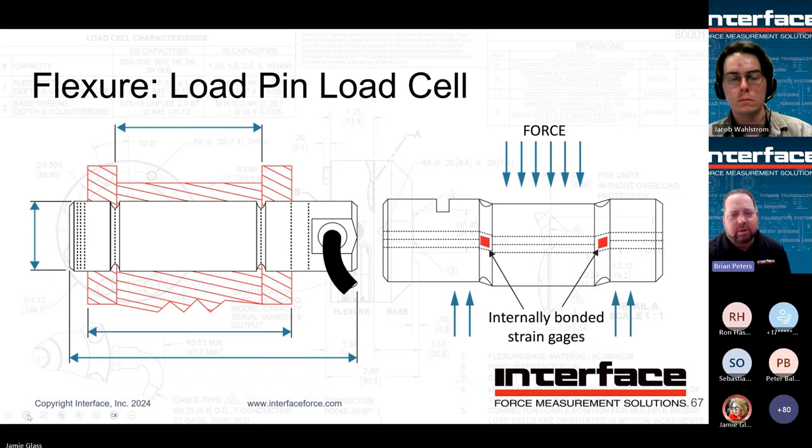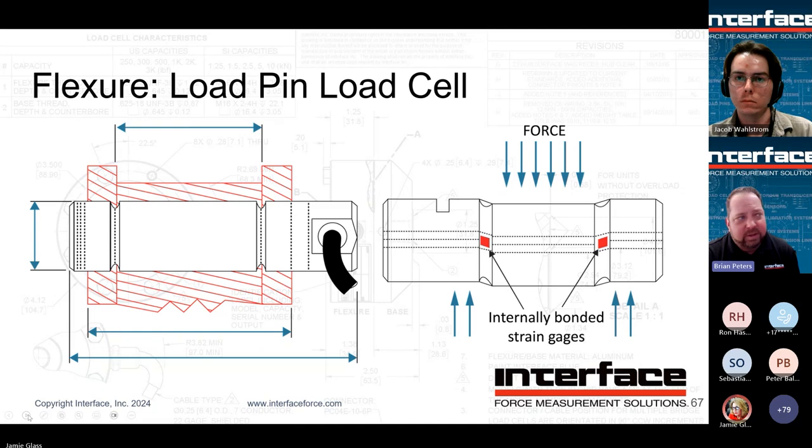All right, next. So load pins. Load pins are typically hollow pins, so center of the flexure will be drilled out. The flexure design is going to be a function of the application dimensions typically. Most load pins sold are custom, right, in terms of either the diameter or the length or where the loading surfaces are for that setup.